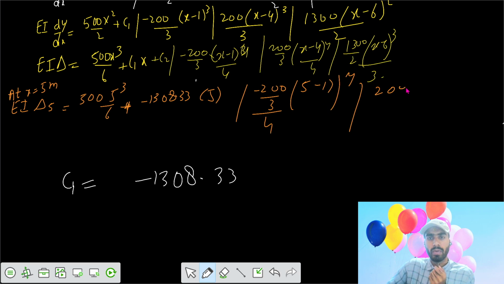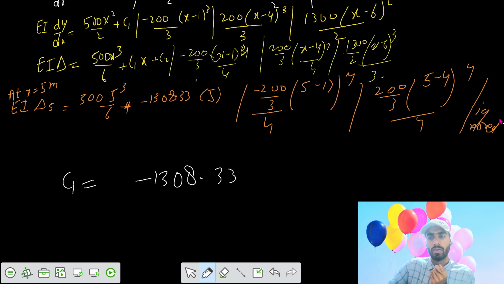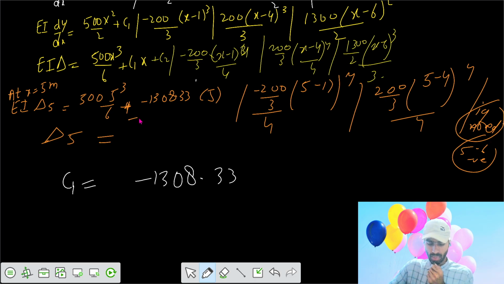Similarly, this term is also valid, 5 minus 4 power 4 divided by 4, and this term is not valid. You have to ignore that term, because 5 minus 6 is negative. And you get the value of delta at 5 meter equals to minus 375 divided by EI.